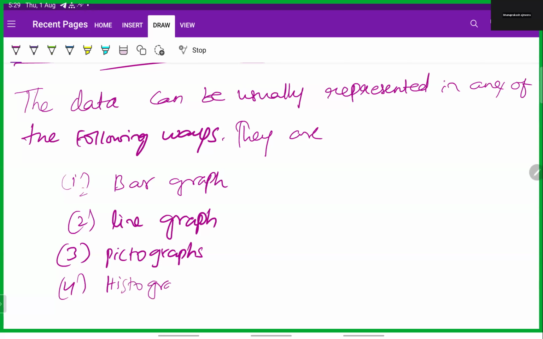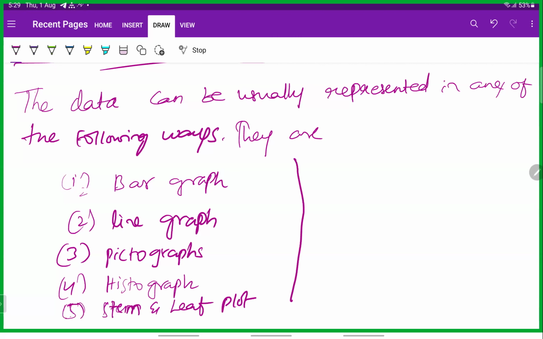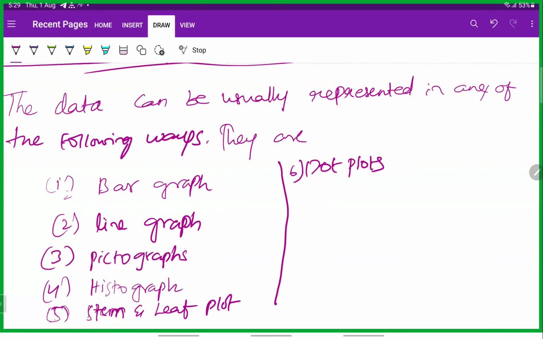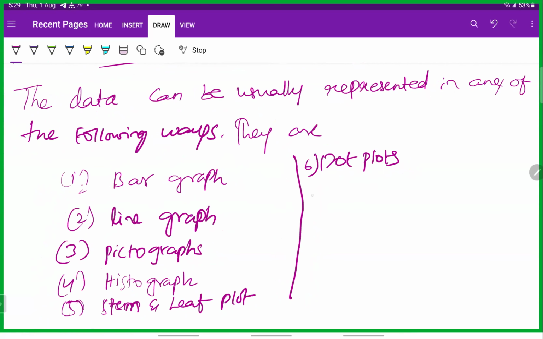histogram, fifth, stem and leaf plot. Next, dot plots, sixth. And seventh, frequency distribution.